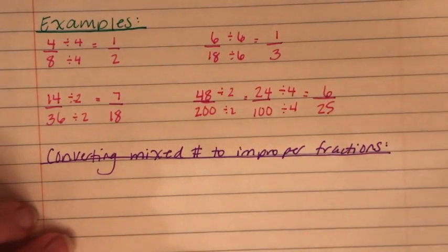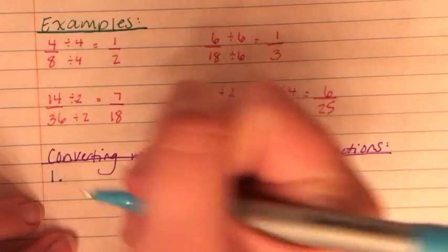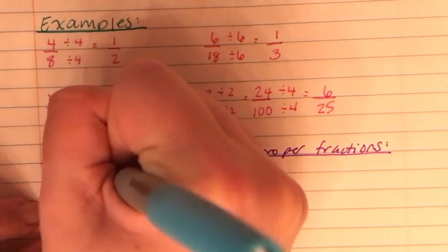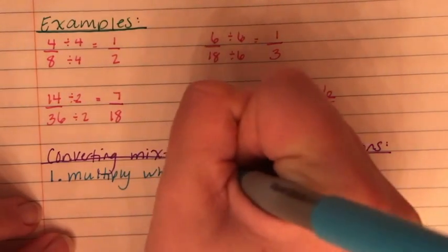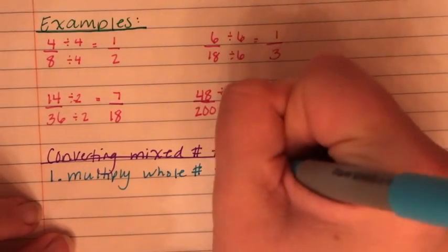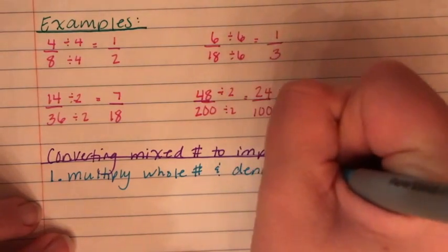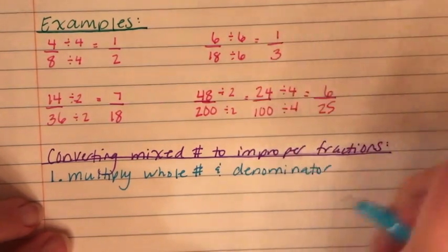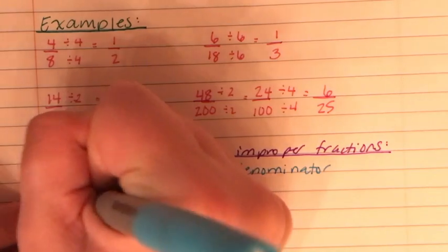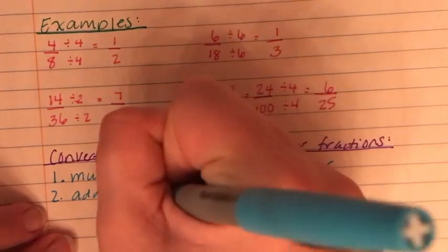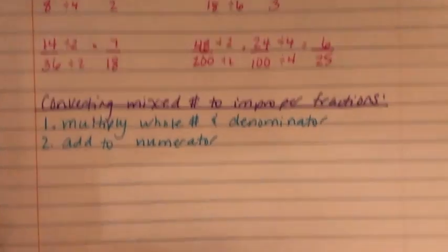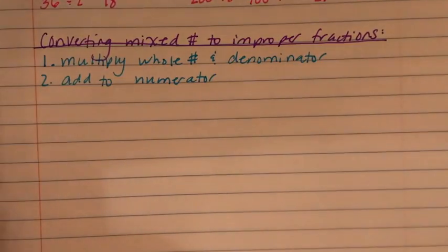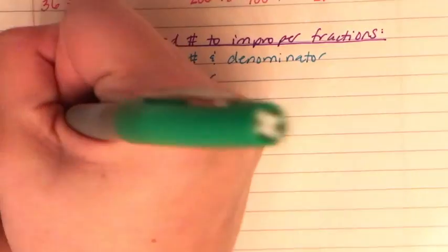So step 1 is going to be to multiply whole number and denominator, and then step 2 is going to be to add to numerator. So let's work through some examples so that these steps make sense in terms of fractions.